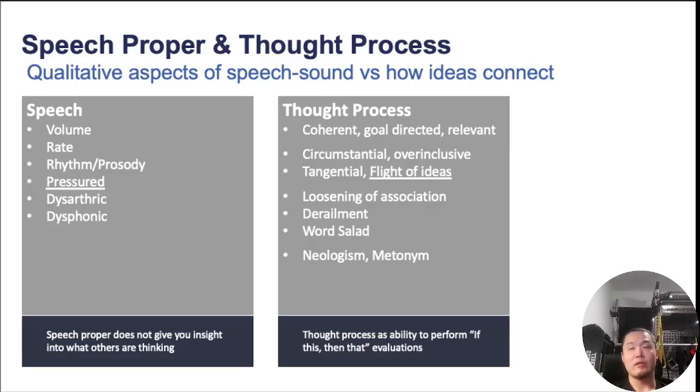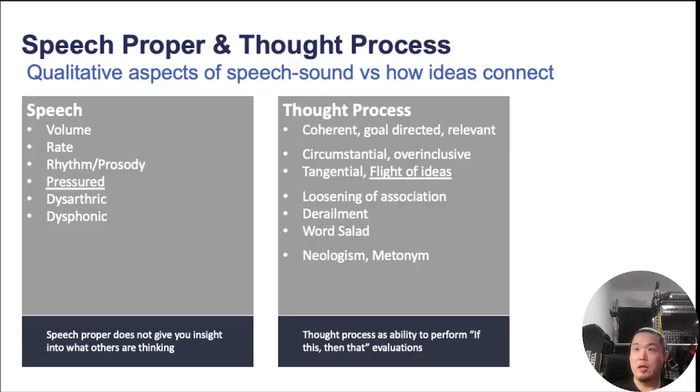So for example, if somebody was dysarthric or dysphonic, then that may indicate that this person may also have suffered some kind of neurological injury. So typically we want to look out for whether or not in the presentation of the person's behavior there were other features such as a unilateral weakness, for example.